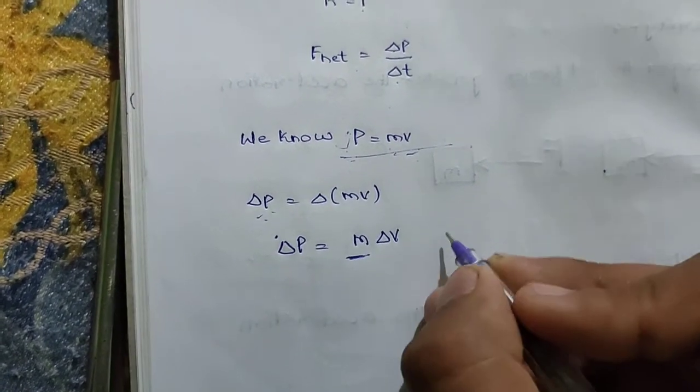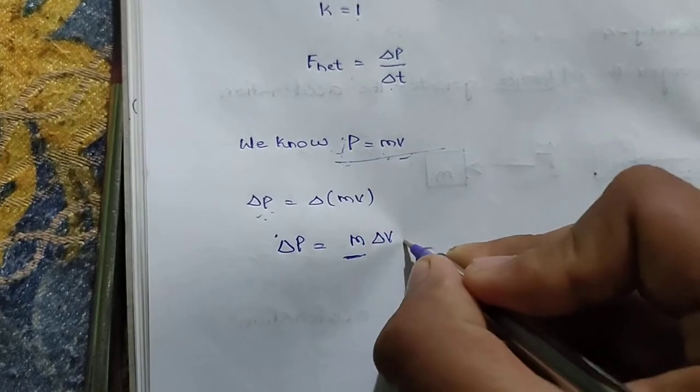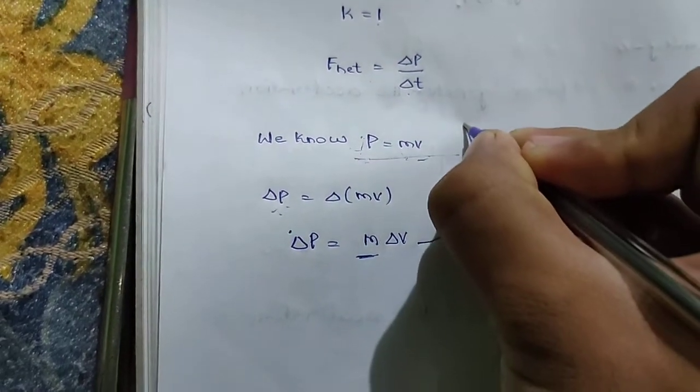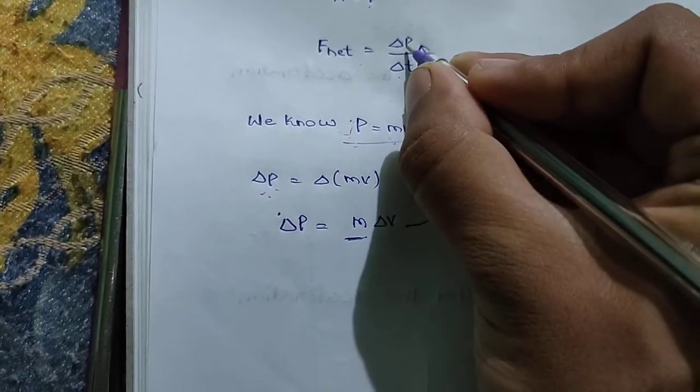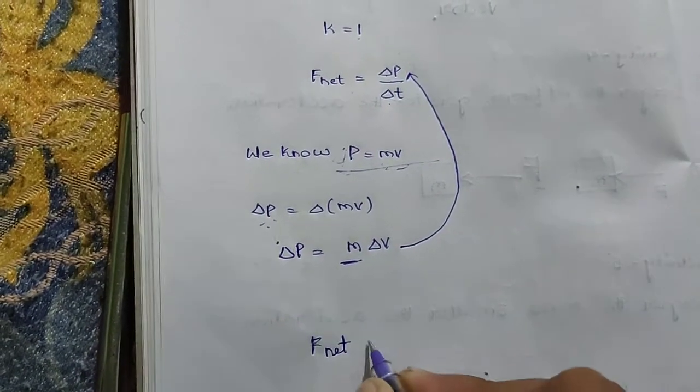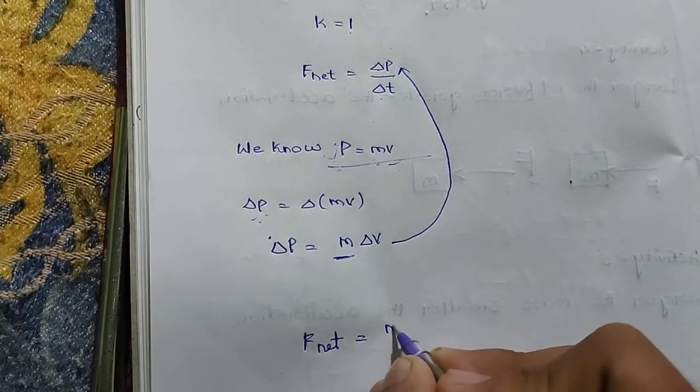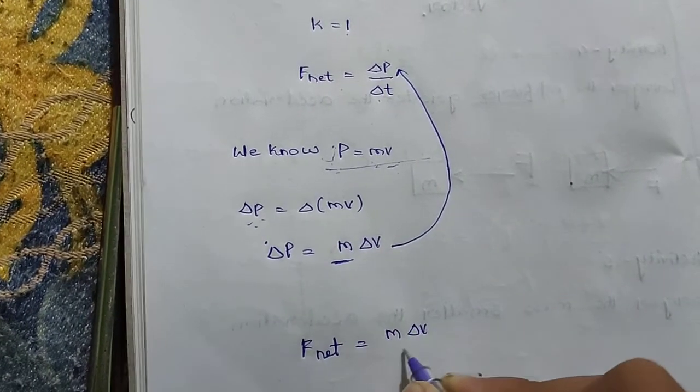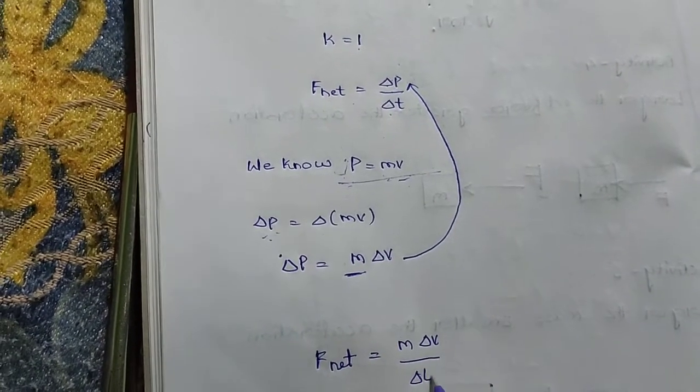Now I need to substitute this equation in terms of delta p. So I'll write F net is equal to m delta v by delta t.